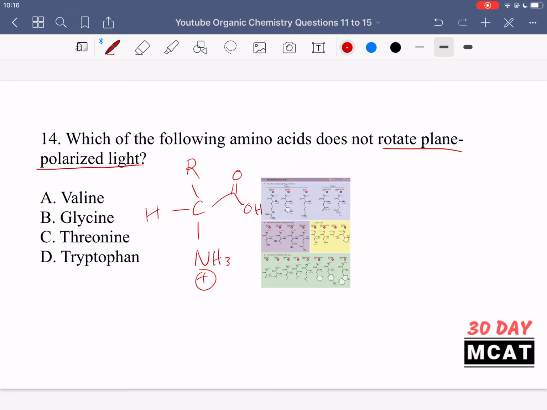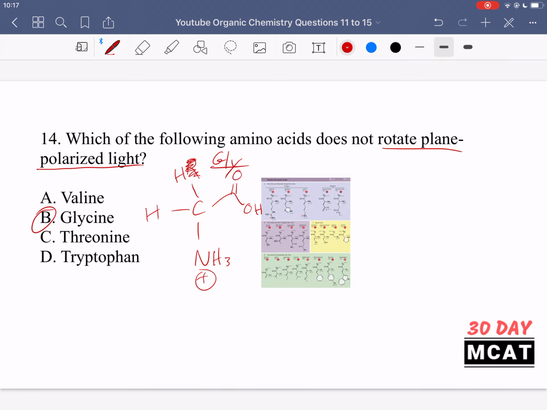But if the R group is the same as any one of the other things, then it's not chiral. And then you should immediately know that in glycine, we have an R group, which is hydrogen. Since it has 2 hydrogens now on this central carbon, the molecule is no longer chiral. Therefore, it does not rotate plane polarized light.